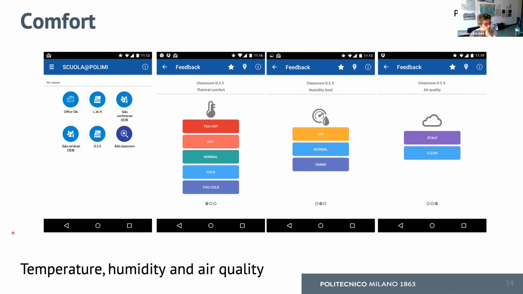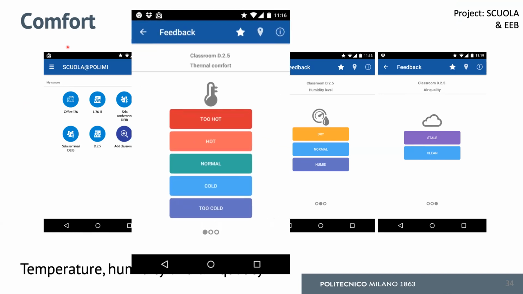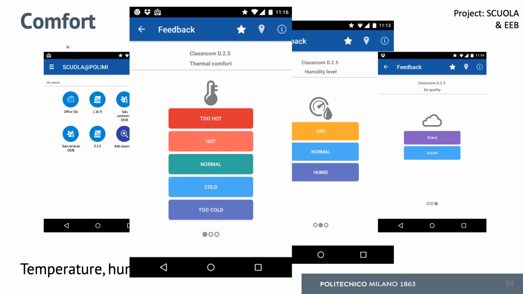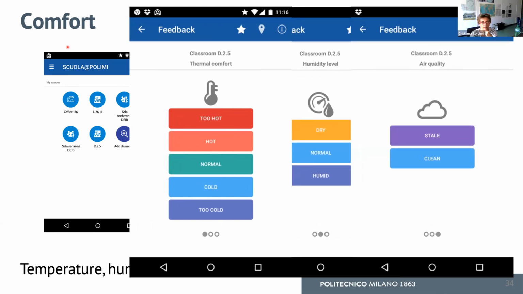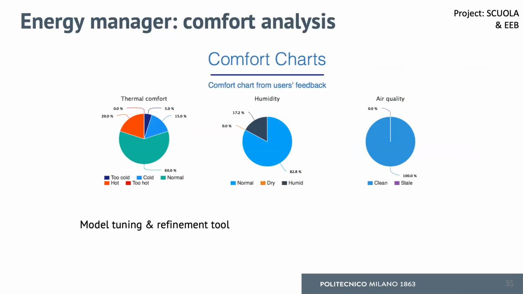If we move and we see this same information from a slightly different point of view, what we get is that we still have the background information. These are the same charts I was showing before.